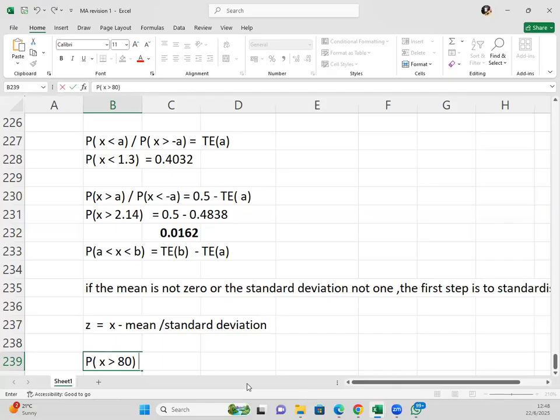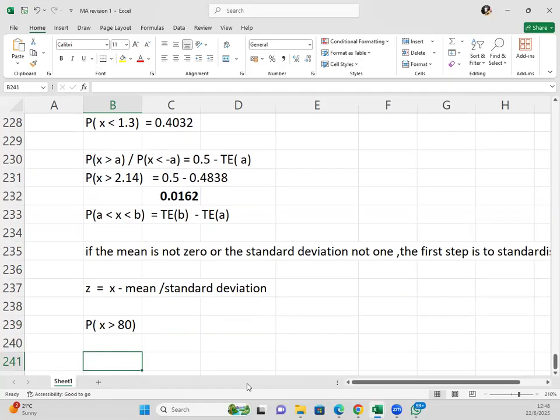We can't go to the tables and get 80. Our mean is not 0 and our standard deviation is not 1. So when you're standardizing, you are reducing this value so that we can get it on our tables. So X changes to Z.